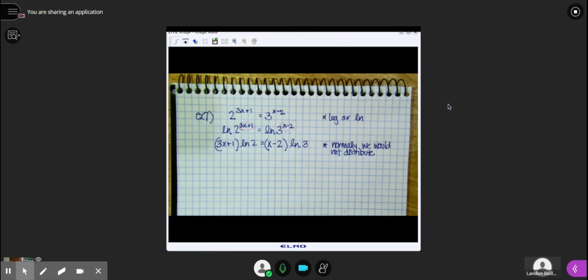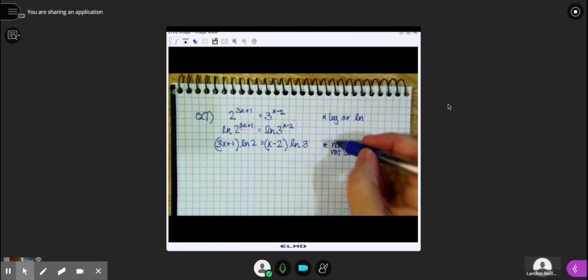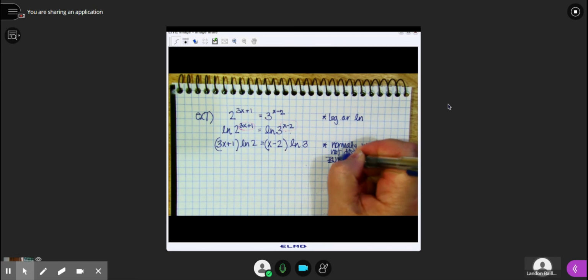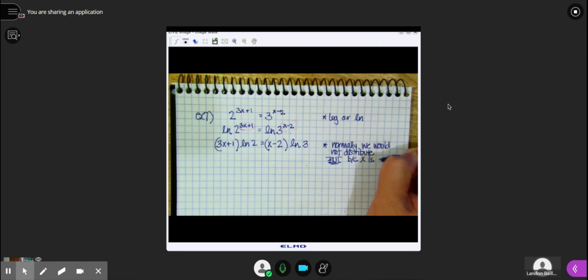Normally, we have avoided distribution. But because x is on both sides, we must distribute to rearrange.